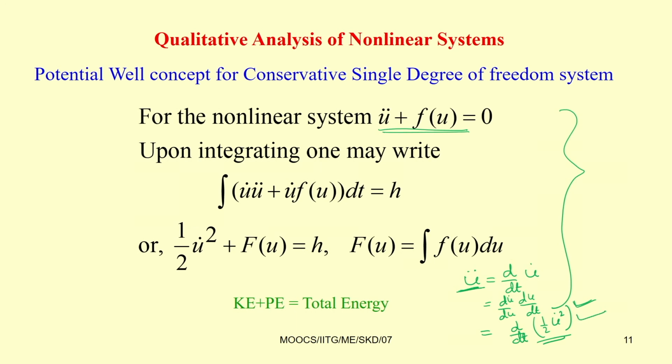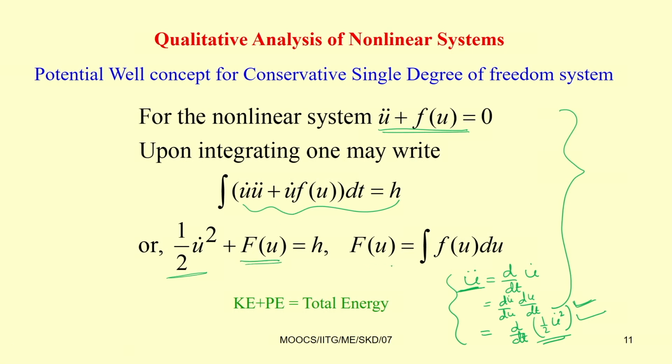By multiplying by u dot, using the same principle, you can write u double dot plus f(u) in this form: u dot into u double dot plus u dot into f(u) integrated with respect to t equal to h. Integration of 0 is a constant, and the integration of d by dt of half u dot square gives half u dot square, plus the integral of f(u) du, equal to h.